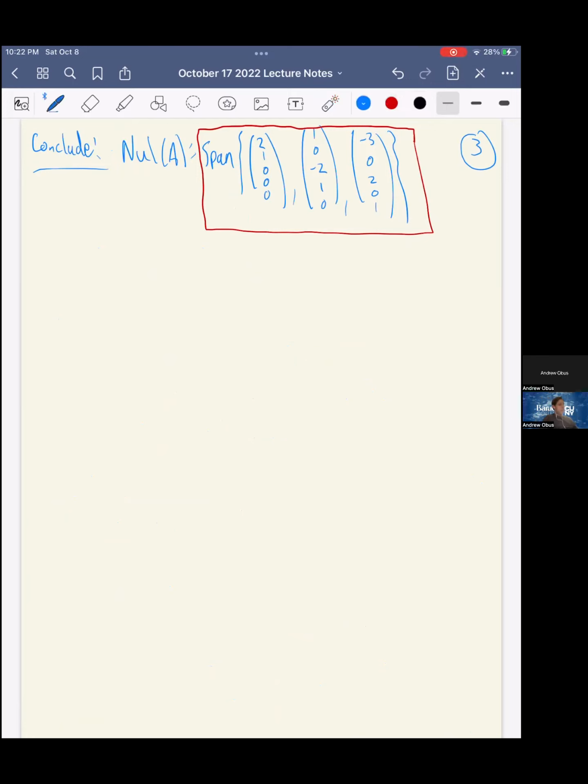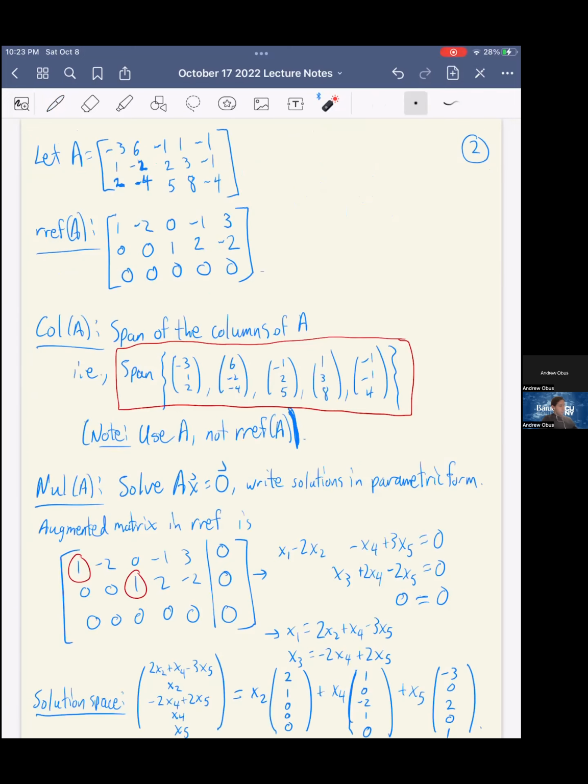And maybe, by the way, let me just remark, right? If A is m by n, then the column space of A is a subspace. Where does it live? Each of these vectors in the column space has length the number of rows, right? So it lives inside Rm.